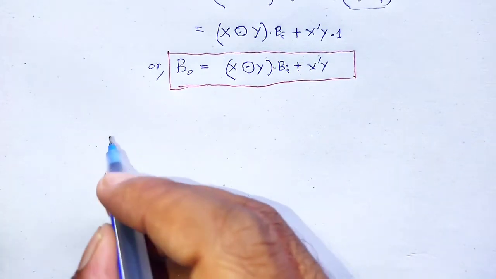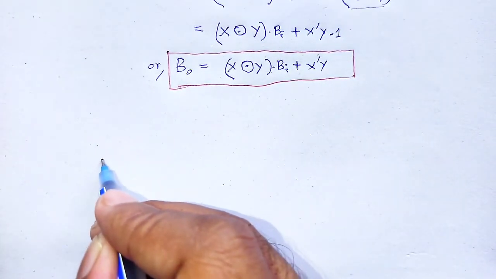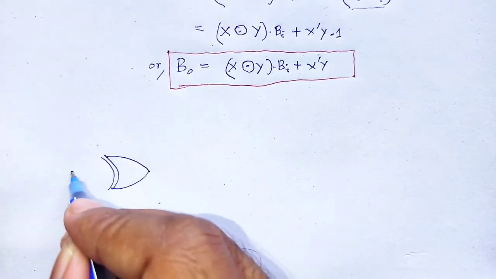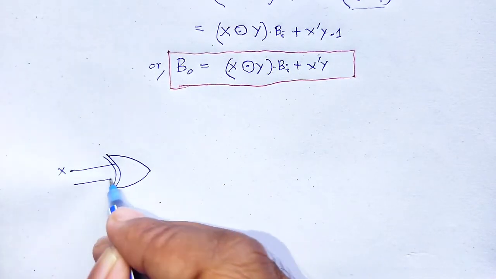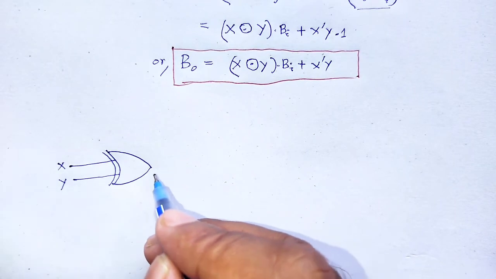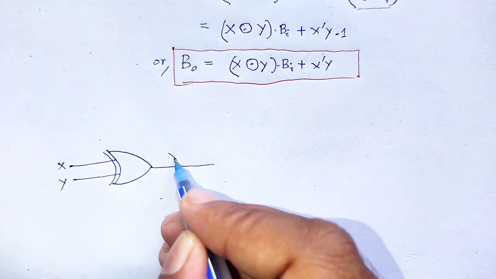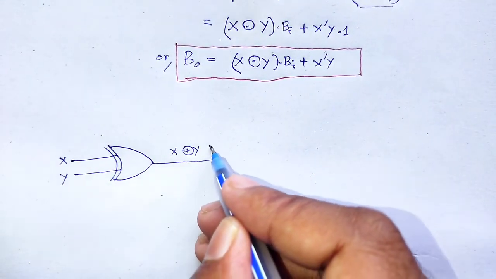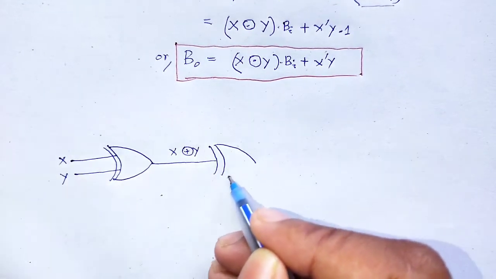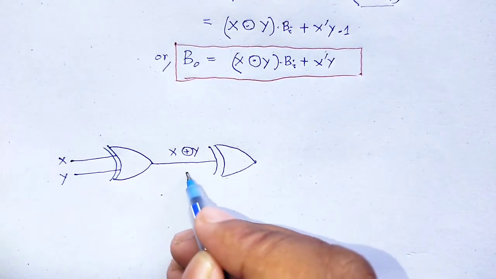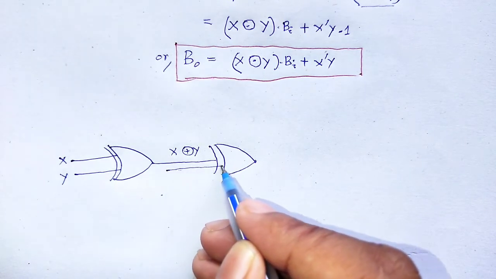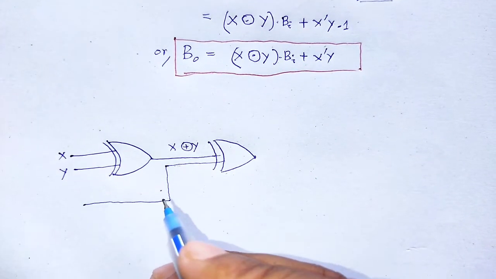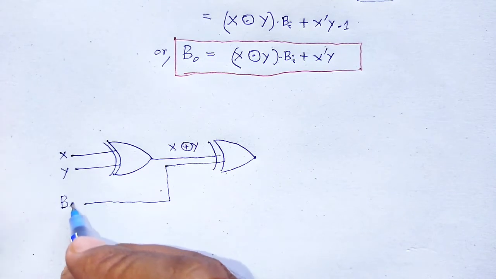First we take an XOR gate, it has the input x, another input y, so the output we have x XOR y, that is the input towards another XOR gate, and that XOR gate has another input, borrow input bi.